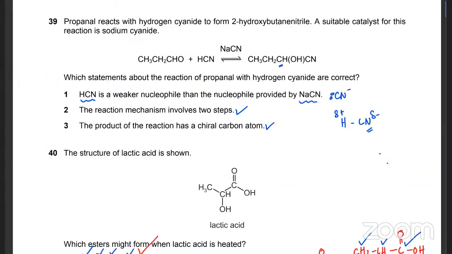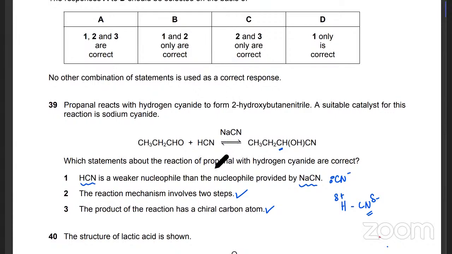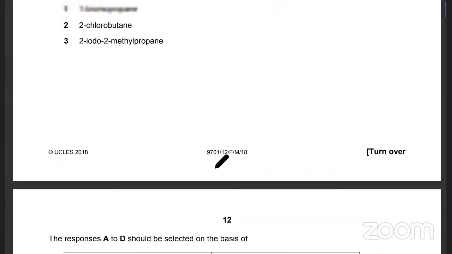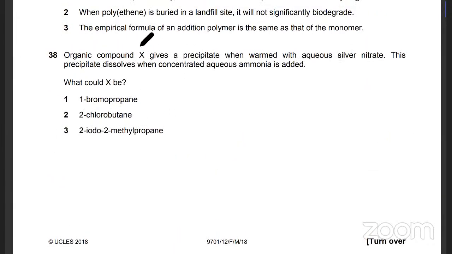Moving to the next one, organic compound X gives a precipitate when warmed with aqueous silver nitrate. The precipitate dissolves with concentrated aqueous ammonia. So which halide precipitate dissolves with concentrated ammonia? Bromine and chlorine.